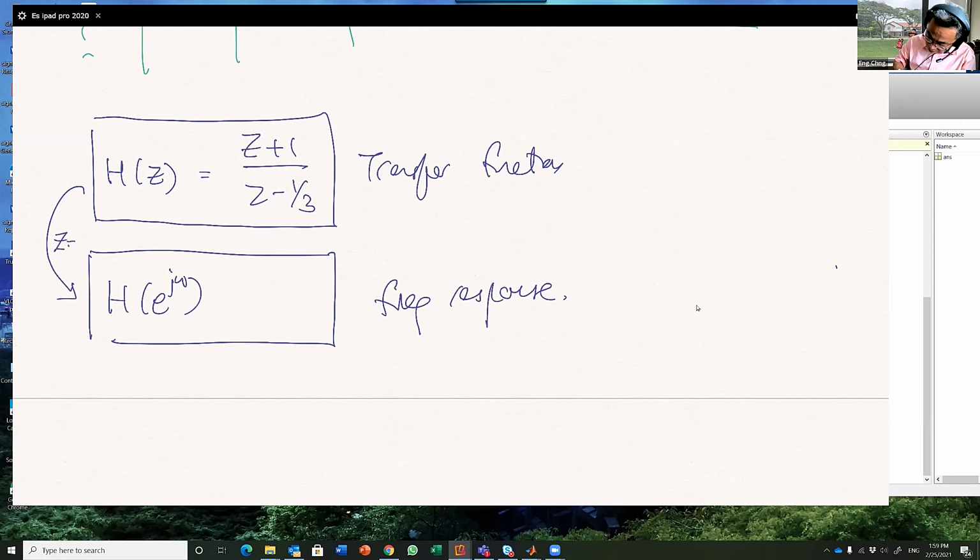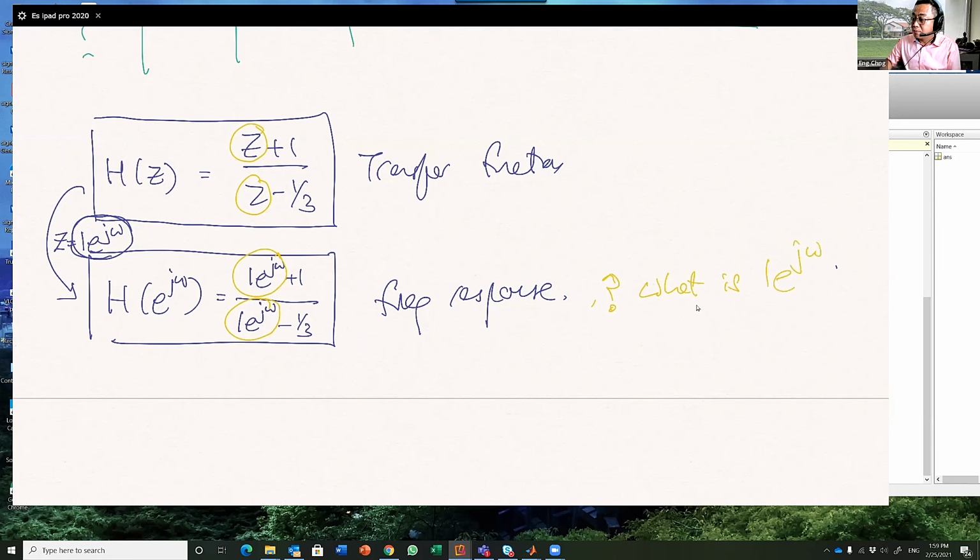It is nothing but substituting z equals e^jω. So all the z become e^jω plus 1 over e^jω minus 1/3. All the z is substituted with this. That's all. Now the question is, what is e^jω?